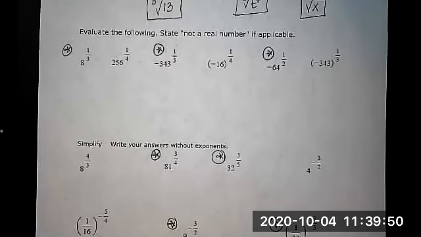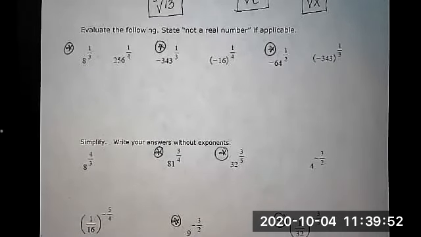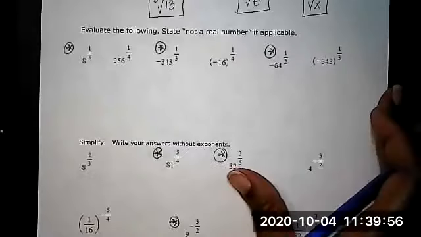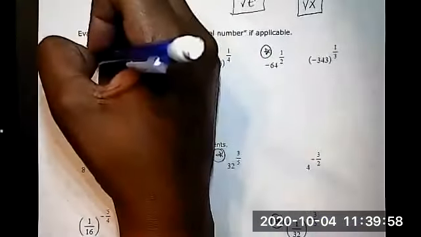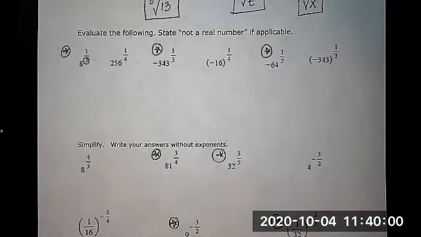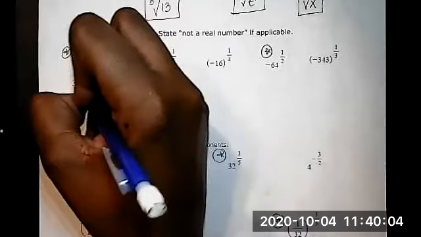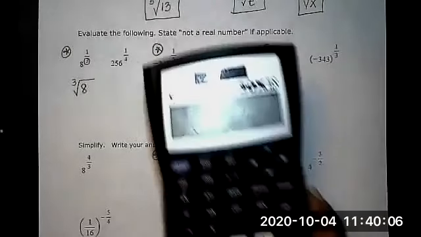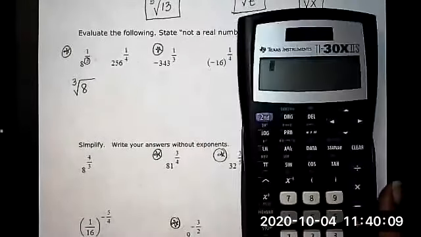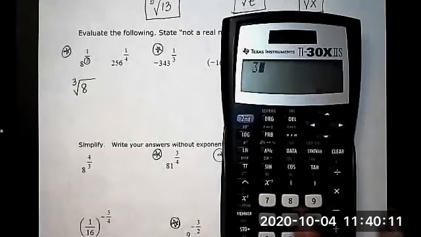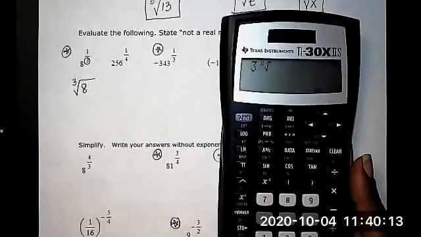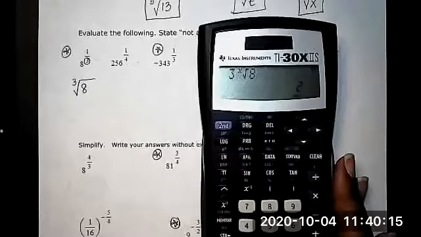Let's look at this one. Evaluate the following. State not a real number if applicable. Let's see. All right, so for this one, again, your root is 3. So it's going to be the cube root of 8 to the 1 power. I can see if that gives me something that's not a decimal. The cube root of 8 is 2.